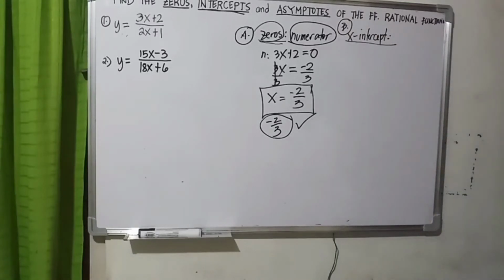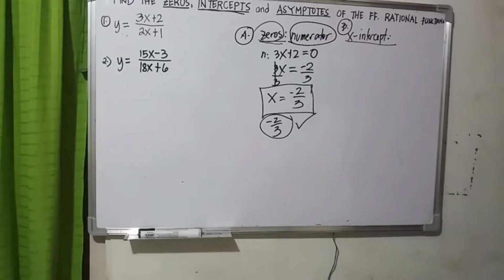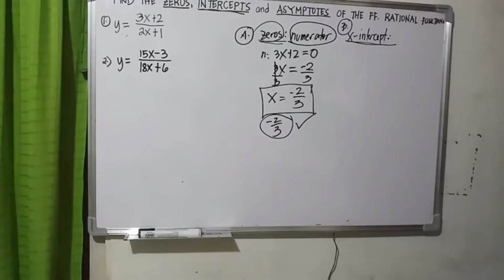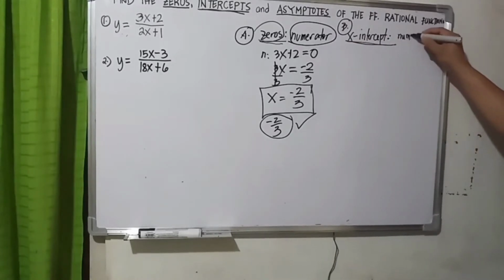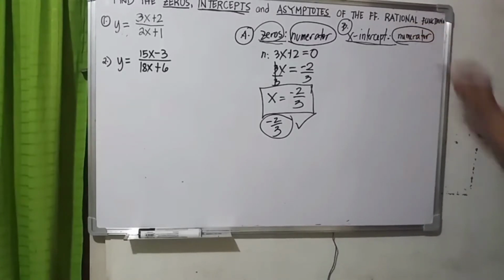To find this x-intercept, substitute 0 for y and solve for x. Ito yung shortcut natin. Pag x-intercept, naka-base tayo sa numerator pa rin. Okay, naka-base pa rin tayo sa numerator.